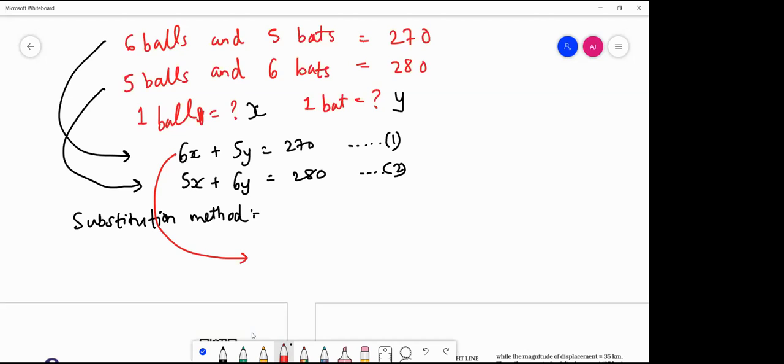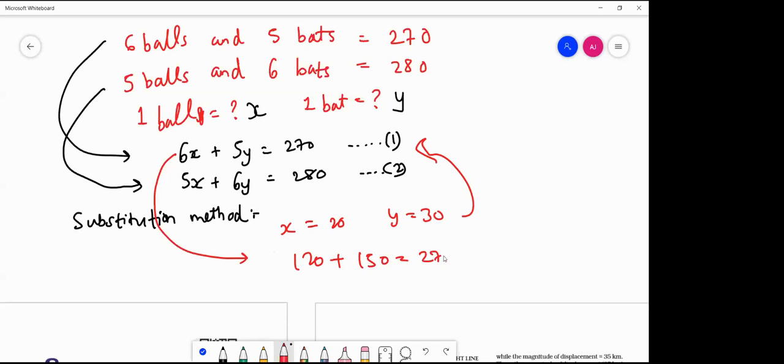So we can try different values by guessing. हम लोग अंदाजा मार सकते हैं कि क्या क्या वैल्यू सेटिस्फाई करेगा. तो चलो, let me assume x equal to 20 and y equal to 30. So what will happen? 20 into 6. Now let me put the values in the equation first. 20 into 6 will be 120, plus 30 into 5 will be 150.